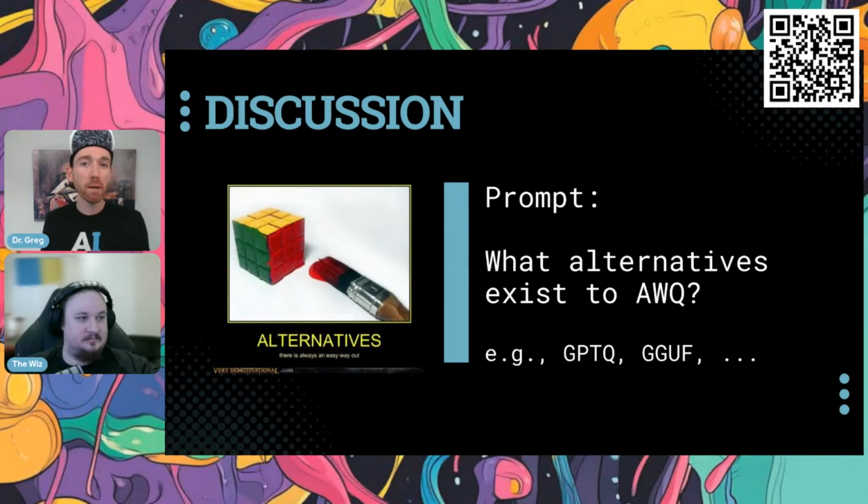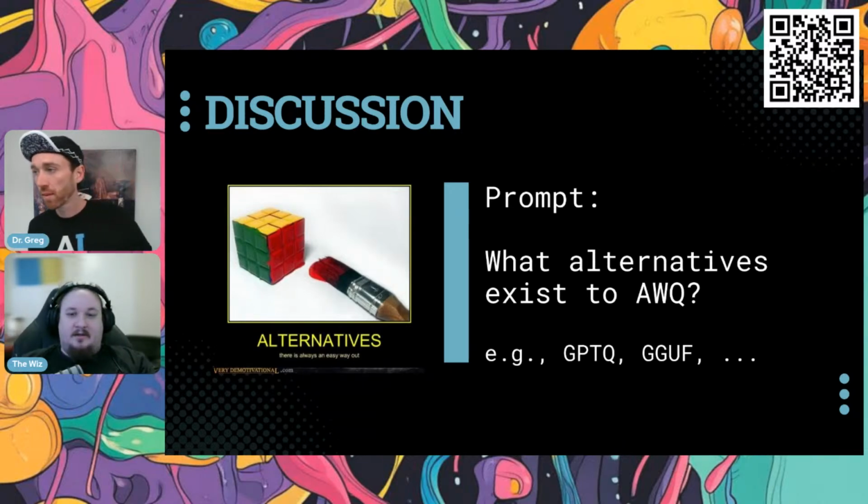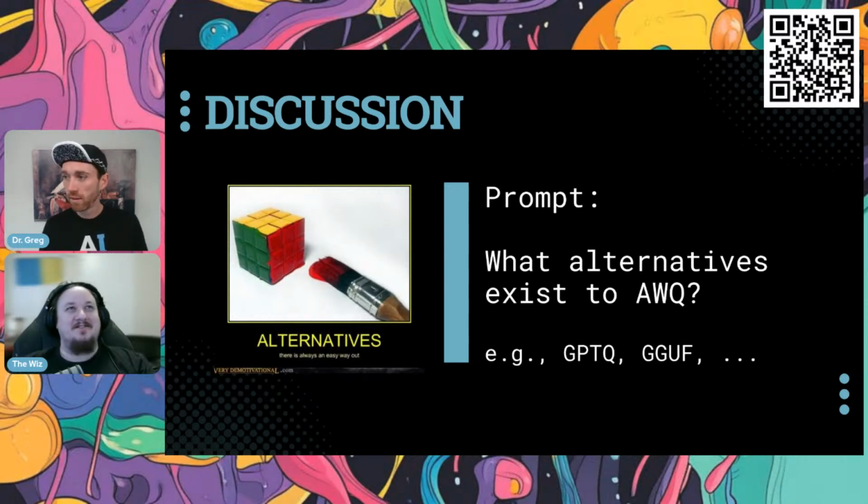GPTQ, when am I pulling it out exactly? When do I want to use this thing? Or is it really just a thing that we study and give credence to times past? You want to use it if you can't use AWQ. I know that sounds potentially not ideal, but the reality is that does happen.